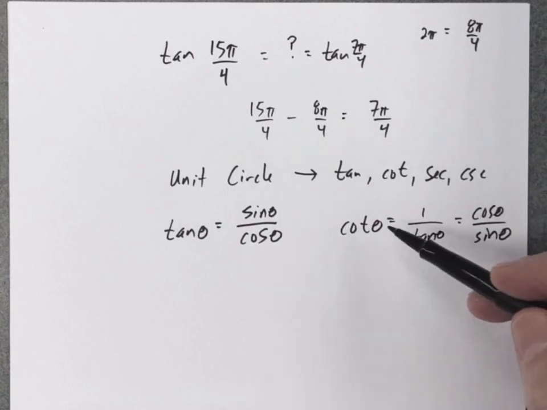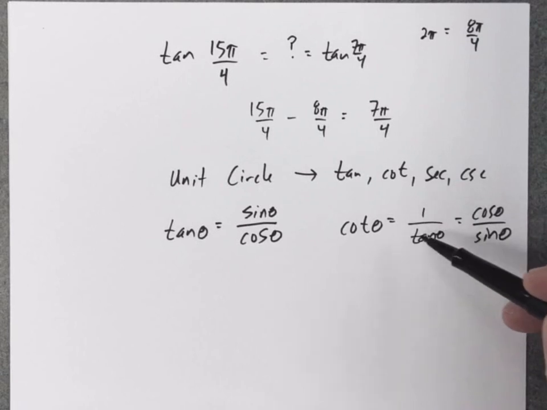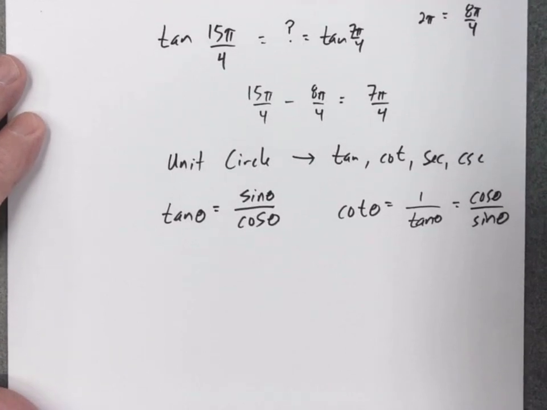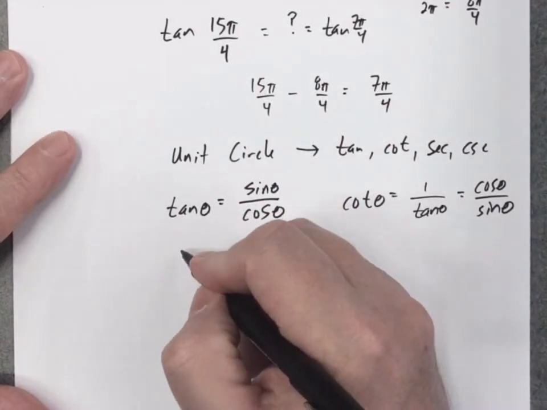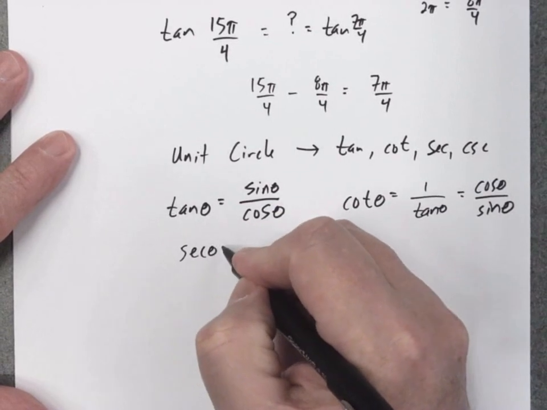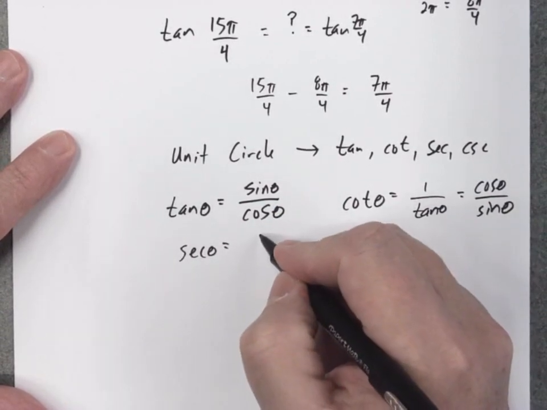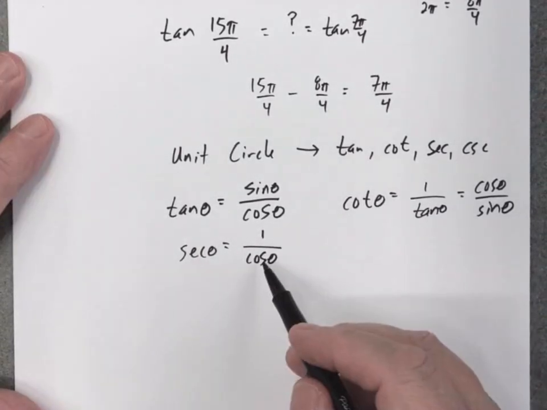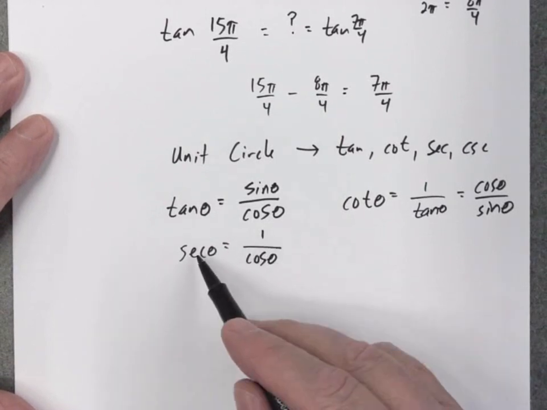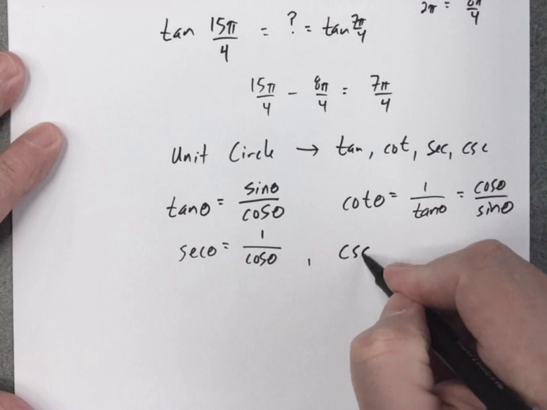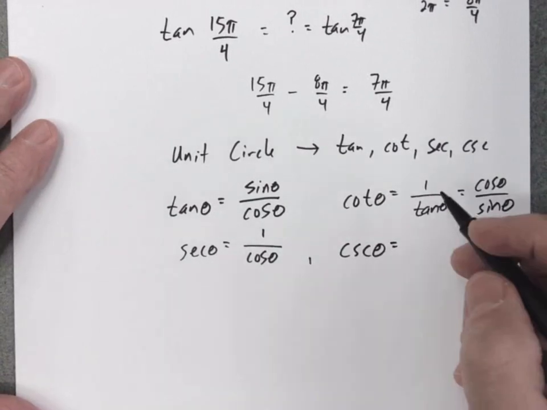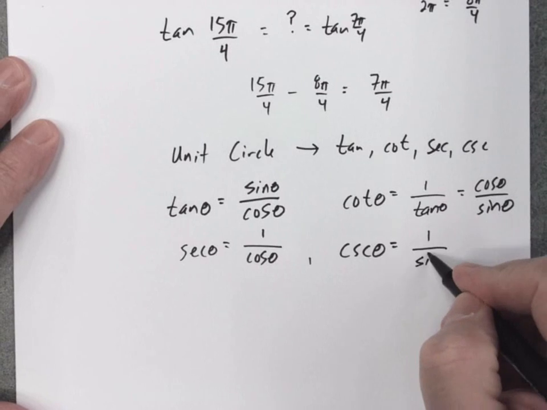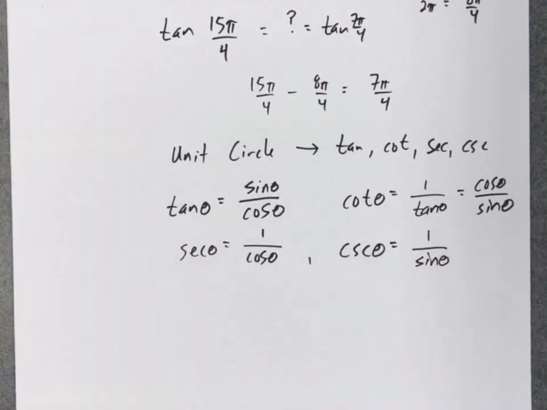So sometimes you have a cotangent, you'll want to use this idea, 1 over the tangent, sometimes cosine over sine. We've already talked about this, but just to make it clear, sometimes you're needing to find the secant. If you can figure out the cosine, you put the cosine at the bottom and you have the secant. If you're trying to figure out the cosecant, if you know the sine, you can put it in the bottom and that'll give you the cosecant.